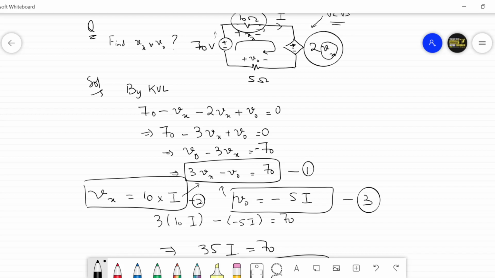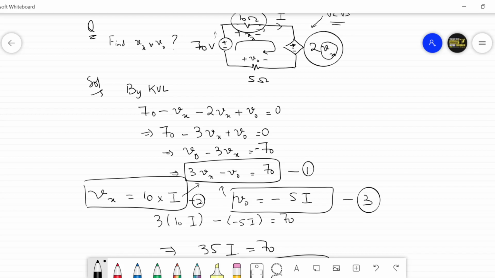Sir, how is V naught equal to minus 5I? सर हम लोग माइनस दोनों जगह यूज किए, वहां भी पोलैरिटी साइन लिया और यहाँ भी साइन दोनों. सर, वहाँ जब इक्वेशन लिख रहे थे 70 माइनस, तो वहाँ भी वी नॉट. कौन सी इक्वेशन बोल रहे हो आप?